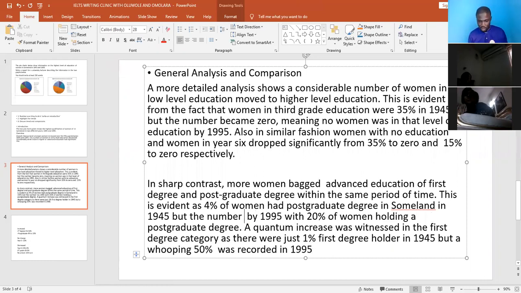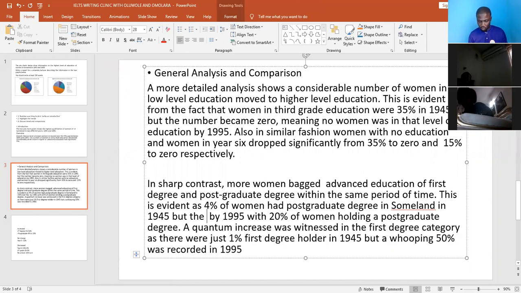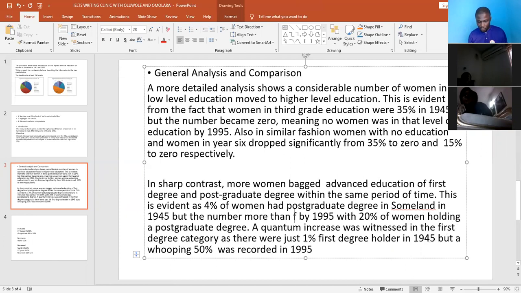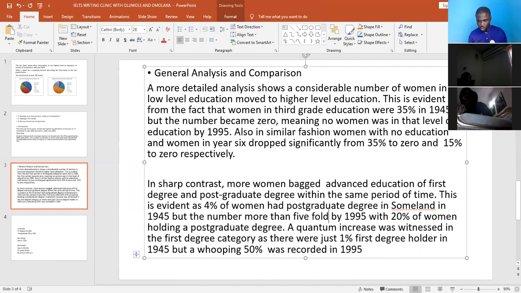More than, okay, but the number increased. Let me use another word. If I had got it, it would have been better than this. Increased more than 5-fold by 1995, with 20% of women holding a postgraduate degree.